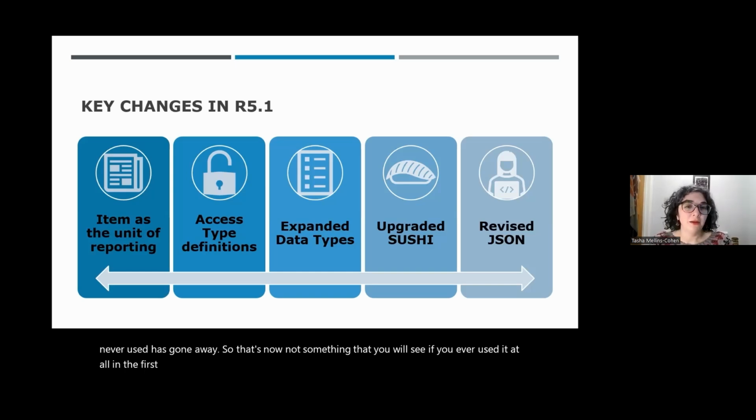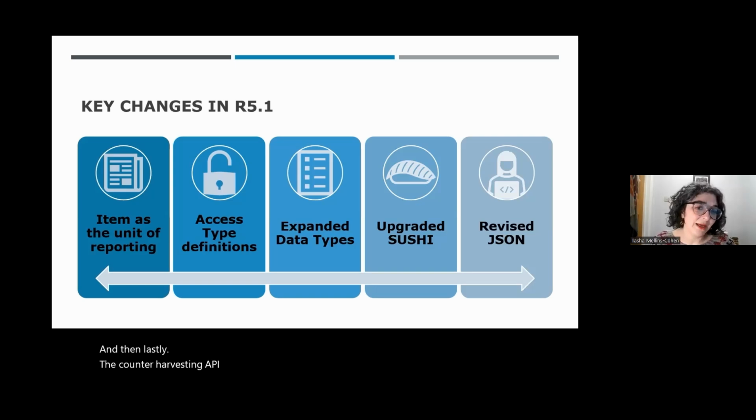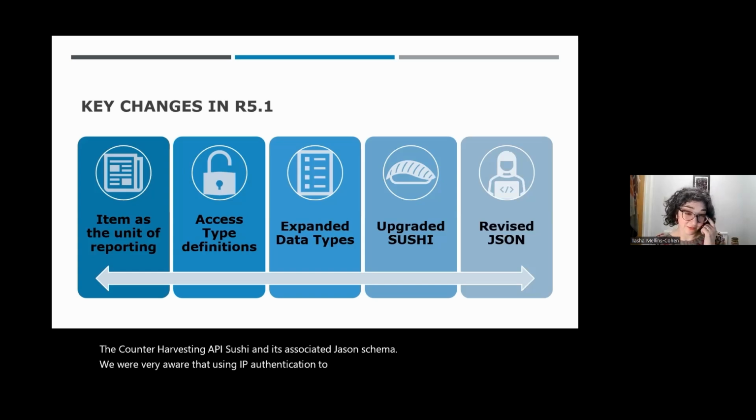And then lastly, the Counter harvesting API, Sushi, and its associated JSON schema. We were very aware that using IP authentication to allow people to harvest Counter reports was really fragile.